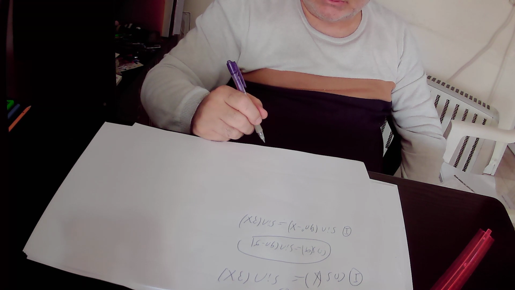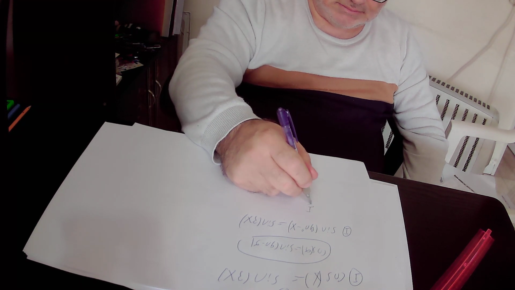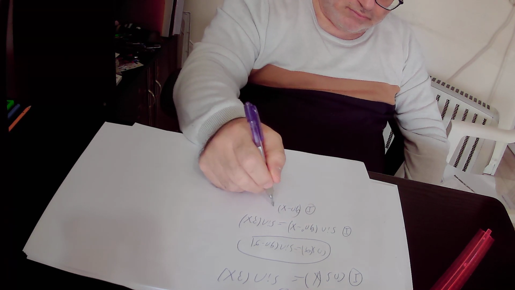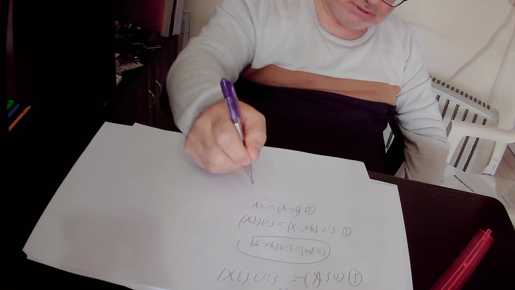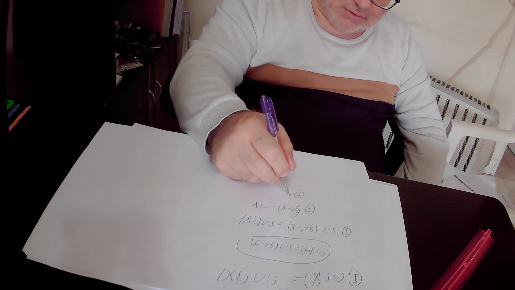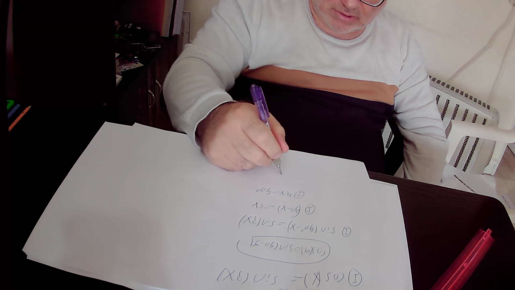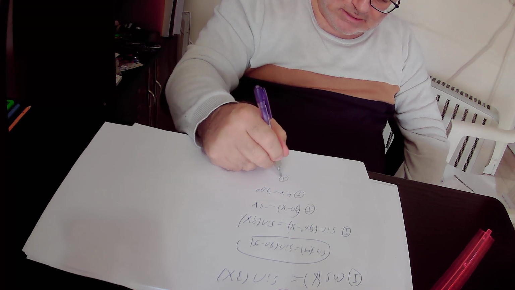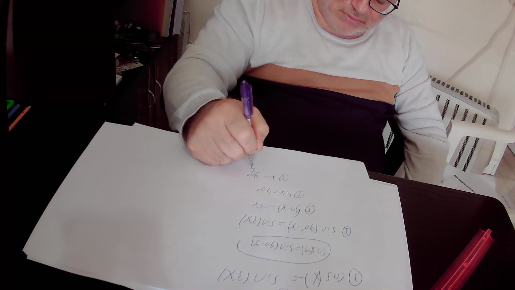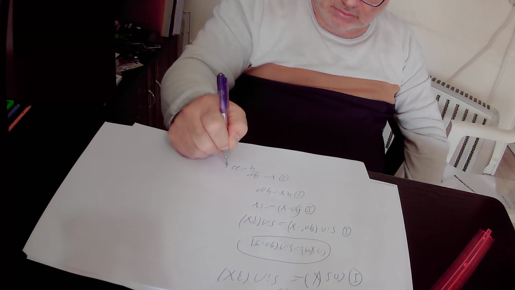Sine 90 degrees minus x equals sine 3x means that 90 degrees minus x equals 3x. Here we will add x to this equation number 1, and we will get that 4x equals 90 degrees. We will divide this equation number 1 by 4, and we will get that x equals 90 degrees over 4. 90 degrees over 4 is 22.5 degrees.